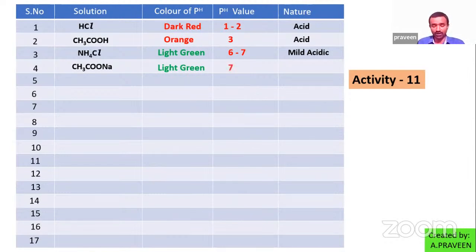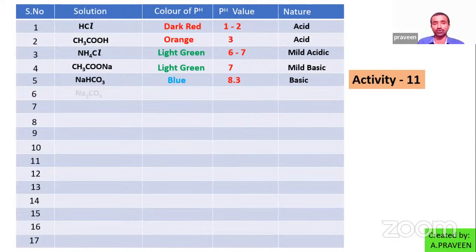It is equal to or just somewhat above 7. So it is mild basic in nature. Then the next substance is sodium bicarbonate, NaHCO3, and its color will be observed here as blue with the litmus paper. Then the value we assign for this is 8.3. Then the nature is basic.